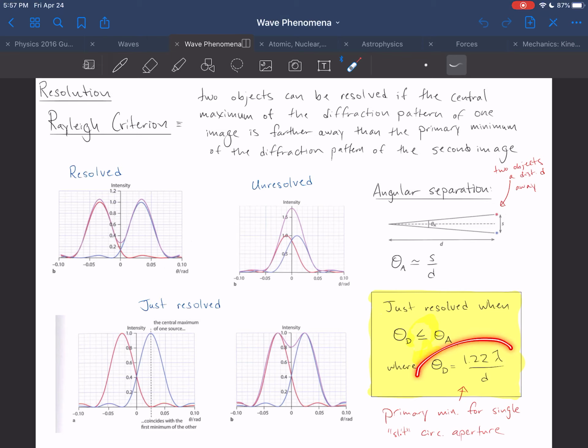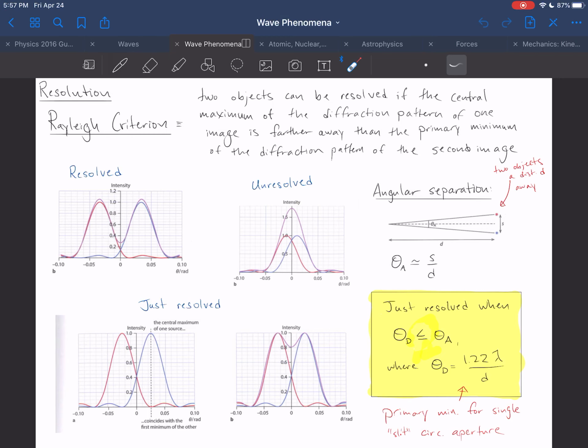So we need this quantity to be less than theta a, the angular separation in real life. And if it is, then we can resolve them. So as long as this distance is smaller than the angular separation between the two images, the images meet the Rayleigh criterion and can be resolved.